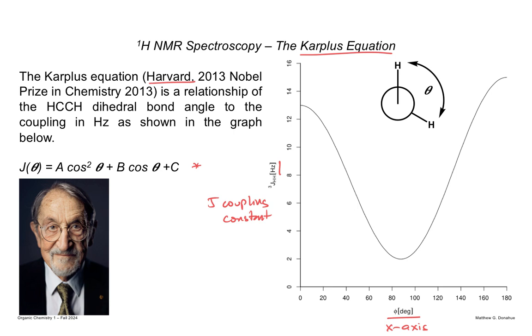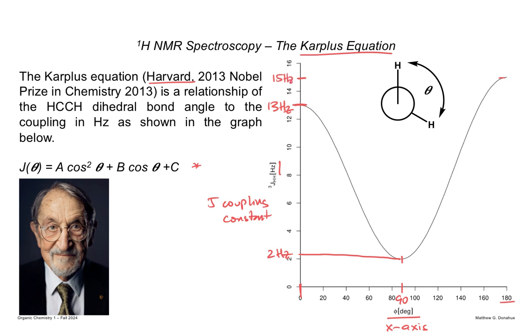So you can see some noticeable points. When the angle is 0, the coupling is 13 hertz. When the angle is 90, the coupling is a little bit more than 2 hertz. And then when the angle is at the greatest amount it can be, 180, the coupling is then 15 hertz.